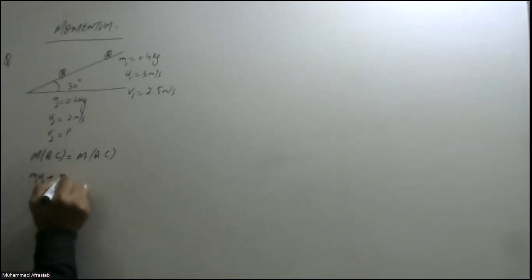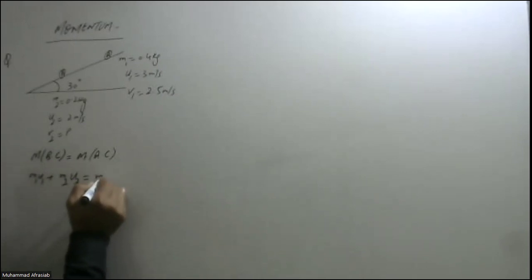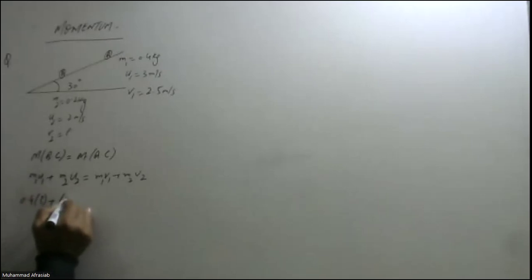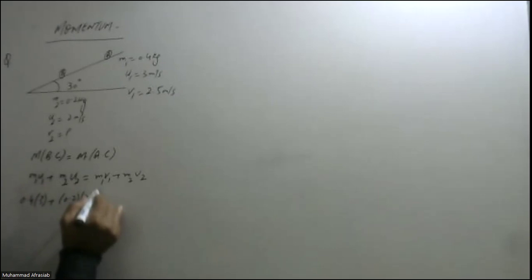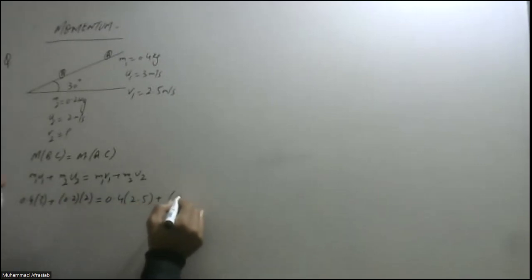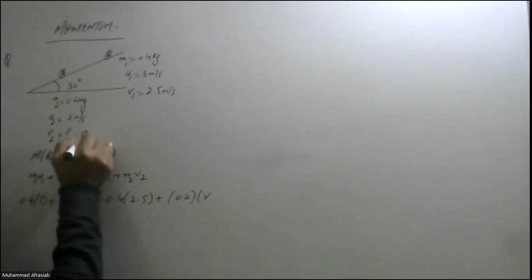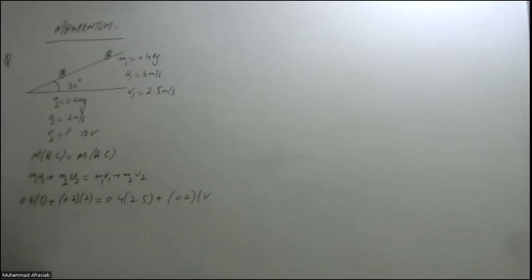So m1 u1 plus m2 u2 is equal to m1 v1 plus m2 v2, where m1 is 0.4 and u1 is 3, plus m2 is 0.2 and u2 is 2, which is equal to m1 0.4 times v1 2.5, plus m2 0.2 times v2, the speed we are going to calculate.